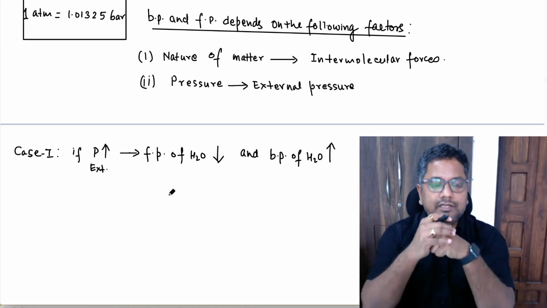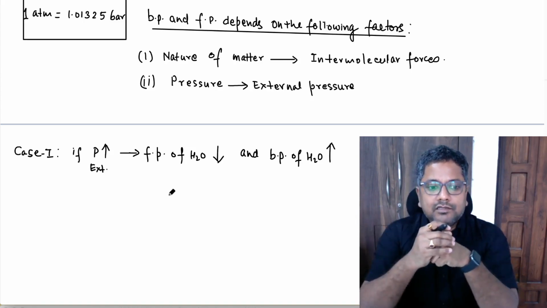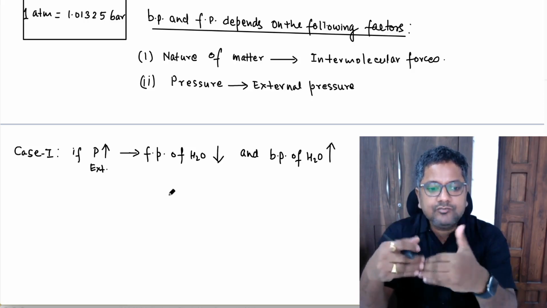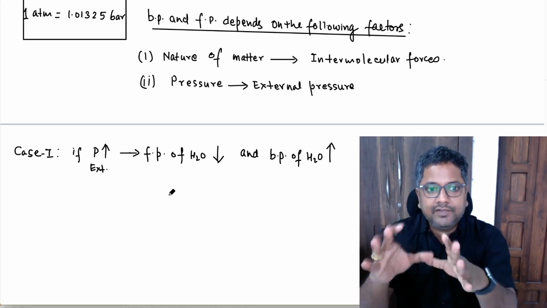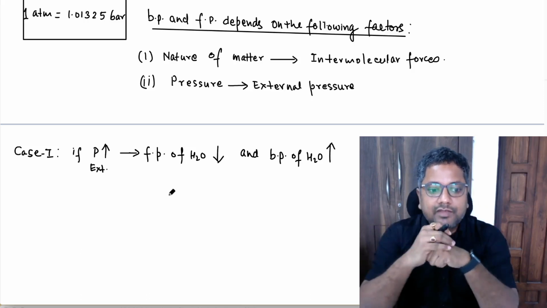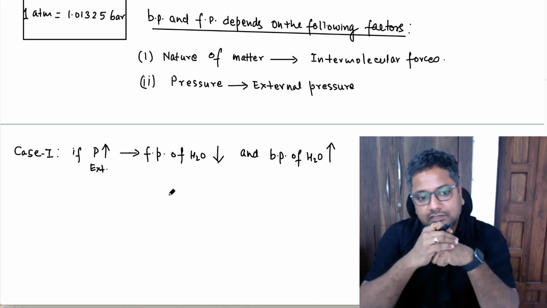If you increase the external pressure over a liquid, the boiling point will increase and the freezing point of water will decrease, as you can easily see from the graph.